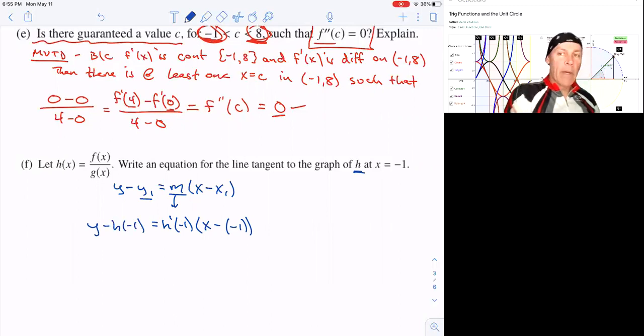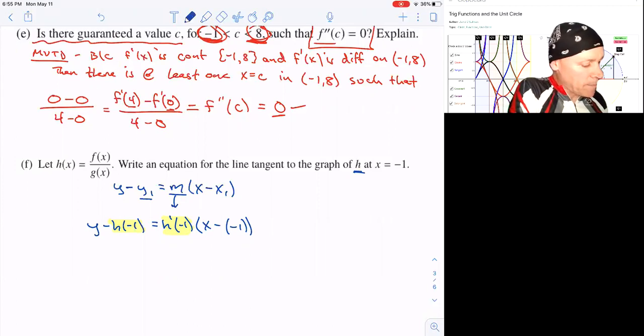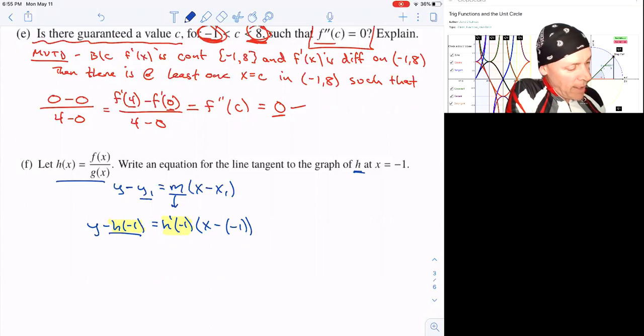Well, I'm not done, because I've got these two expressions in function notation that I have to take care of. Come up with values for those, then I'm done. Let's look at the y value, h at -1. h at -1 is equal to f at -1 over g at -1.